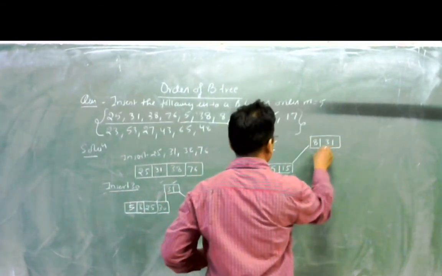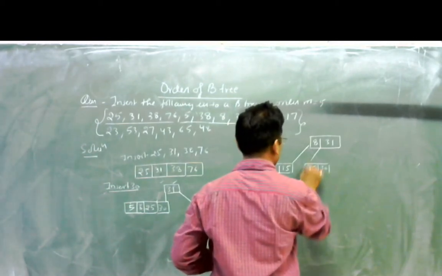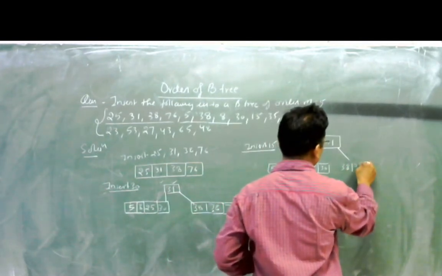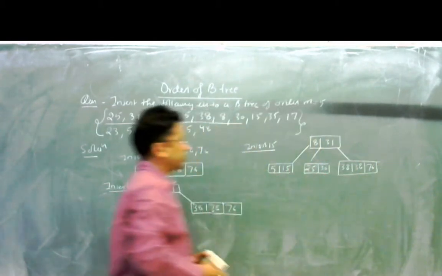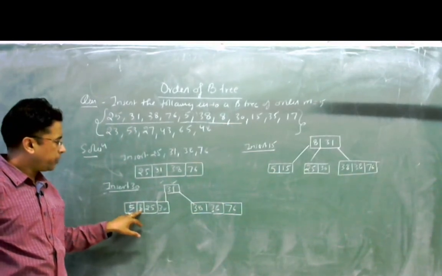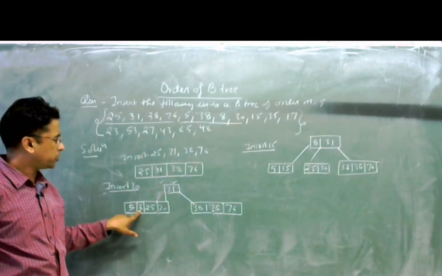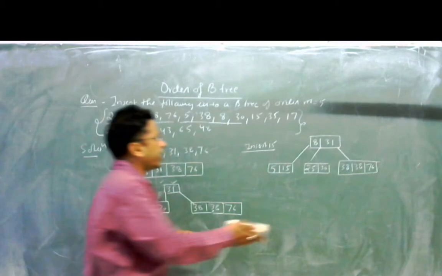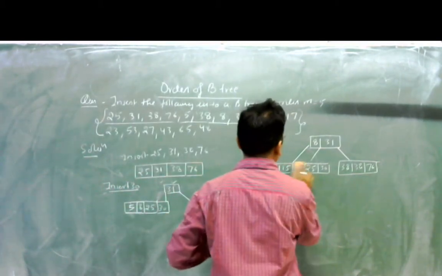Now this becomes 25 and 30 and 38, 76. Right? Here in the question, what I have done is I have split this node at this second position, and after inserting the element, 15 cannot be inserted here. So in this situation, this is not right.